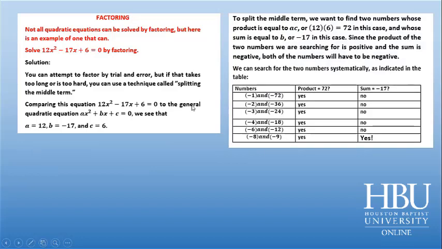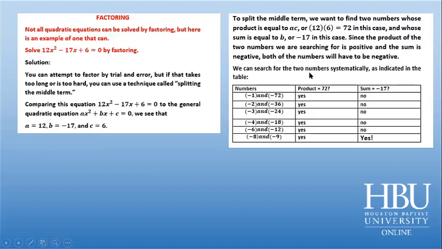To split the middle term, the minus 17x, we want to find 2 numbers whose product is equal to a times c, or in this problem, 12 times 6, which is 72, and whose sum is b, which is negative 17 in this case. Since the product of the 2 numbers we are searching for is positive 72, and the sum is negative 17, both of the numbers will have to be negative.